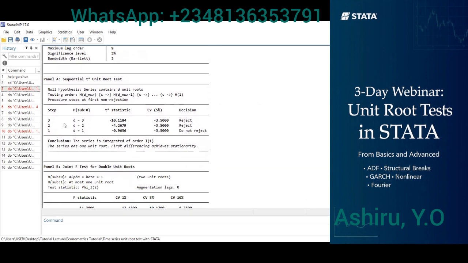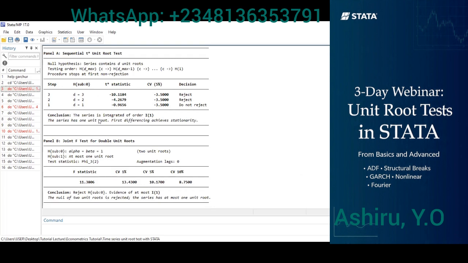After logging the variable, this one rejects the hypothesis that the series is I3. It rejects that hypothesis, right? Are you with me? Yes. The hypothesis that it is I2 is also rejected, but it does not reject the hypothesis that it is I1. I think that is in line with what we've discovered so far. So the series has to be first differenced before it becomes stationary.